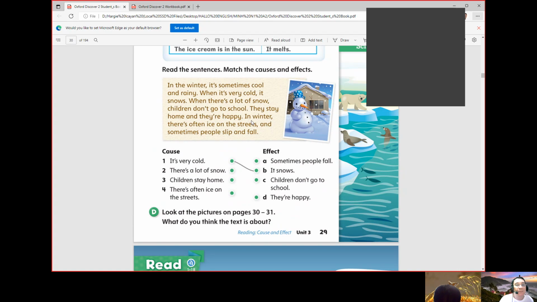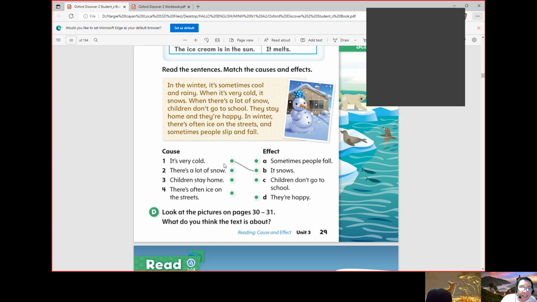They stay home and they are happy. In winter, there is often ice on the streets, and sometimes people slip and fall. Yes. So sometimes people might slip and fall. Okay, the causes would be these, and then the effects would be these.